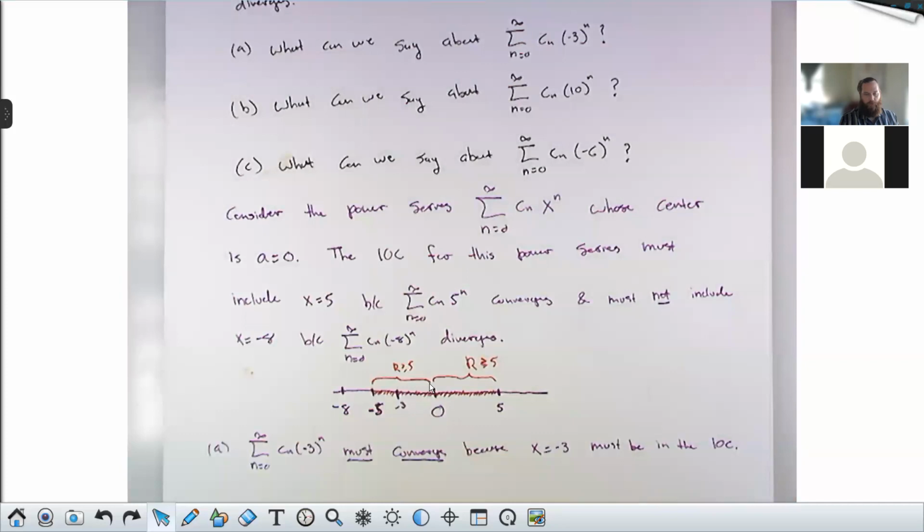I know that the interval of convergence is centered at 0 and extends to the right by 5 units. Because the interval of convergence is always symmetric about the center, if it extends to the right by at least 5 units, it must also extend to the left by at least 5 units. -3 being right here must be in the IOC. Everybody follow that logic?